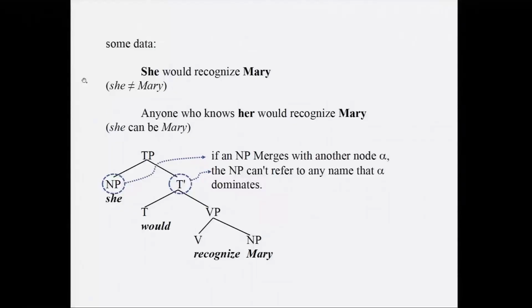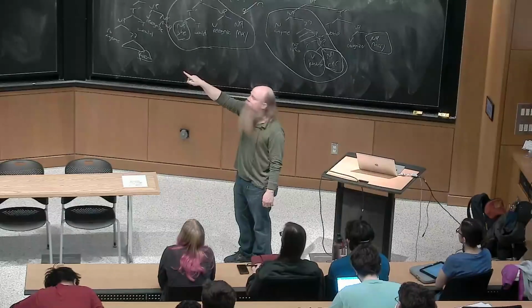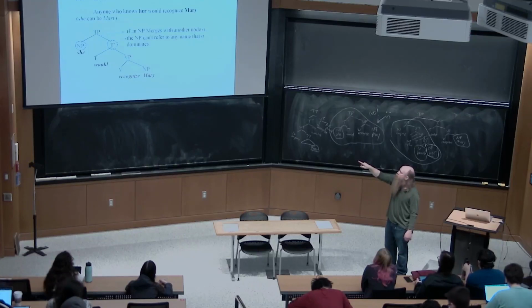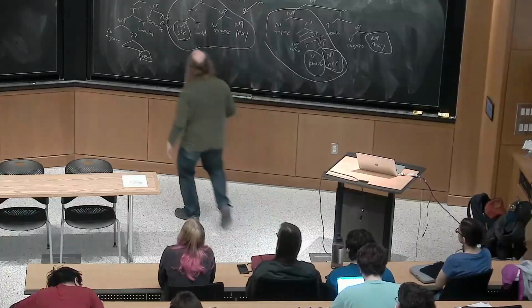We have a name for the kind of relation that holds between a node like the noun phrase she, let's call that node X, and another node that is contained in something that X was merged with. So the relation that holds between she and Mary, or for that matter, between she and the verb phrase, or between she and would. The relationship that holds between a node X and everything that's inside the node with which that X was merged, that relation is called C-command.